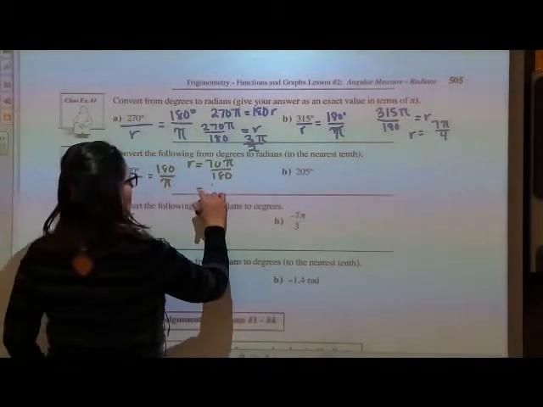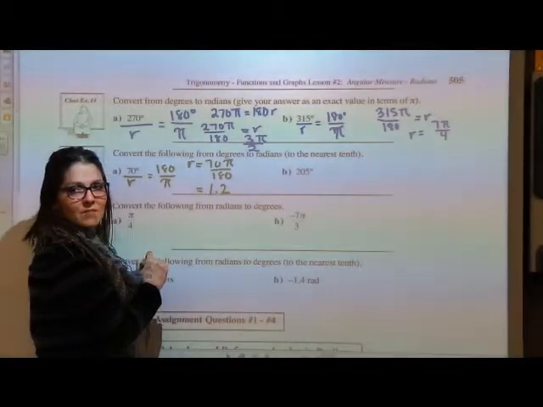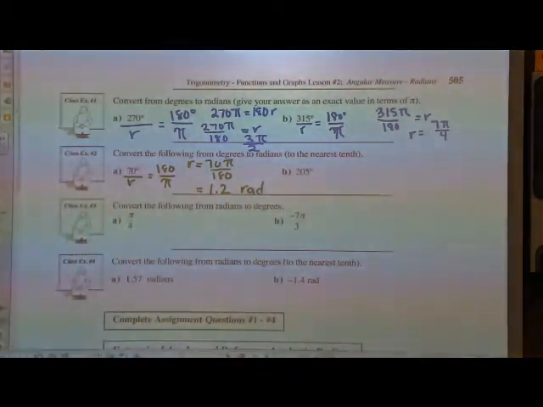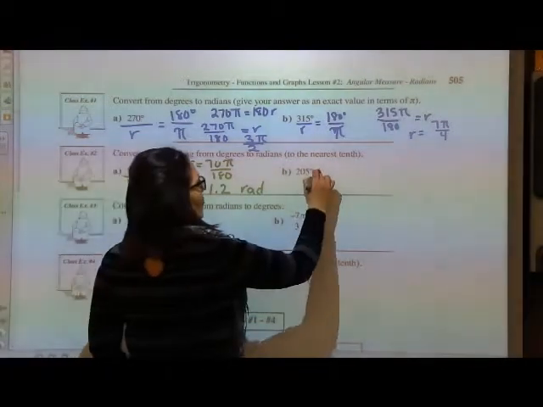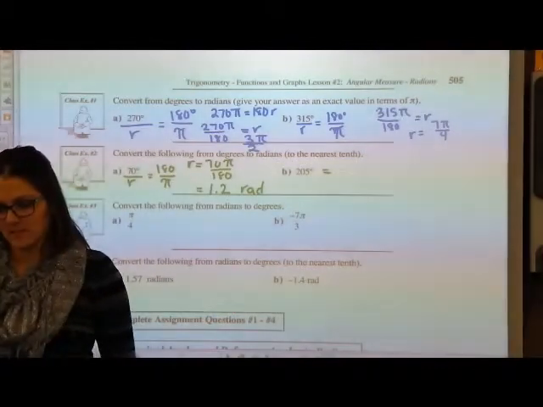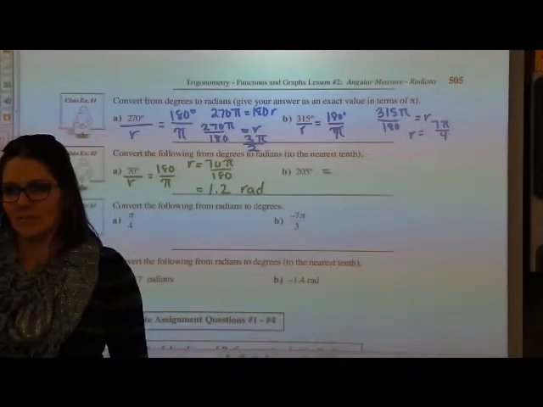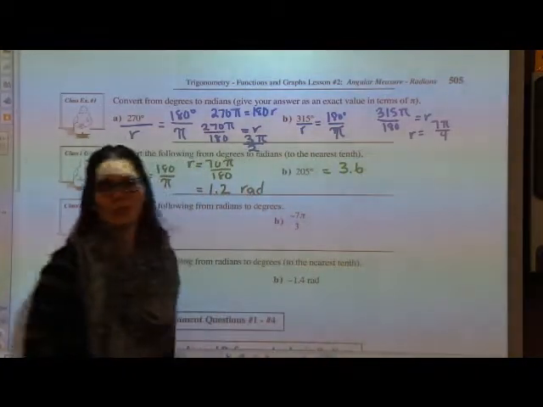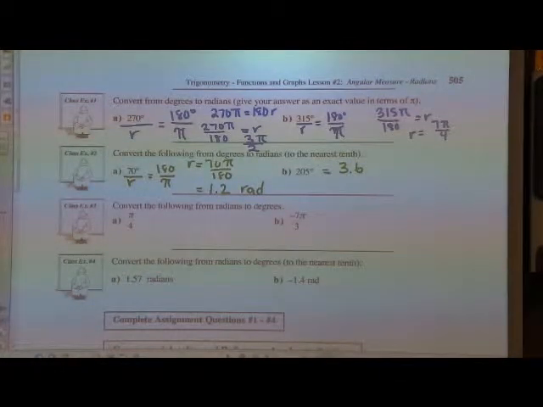And my units would be 1.2 rad. So then 205 would be how many radians? 3.6. Good. I'm not going to go through all the calculations because you guys are doing well.